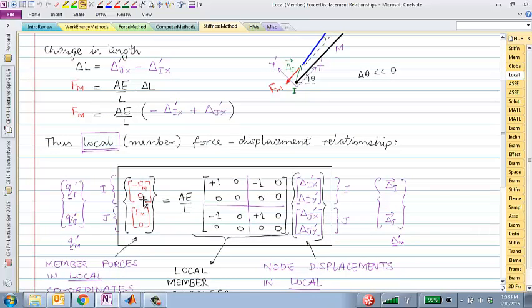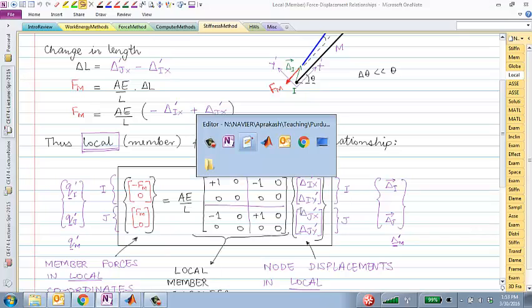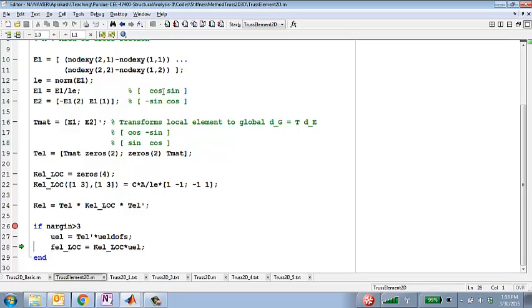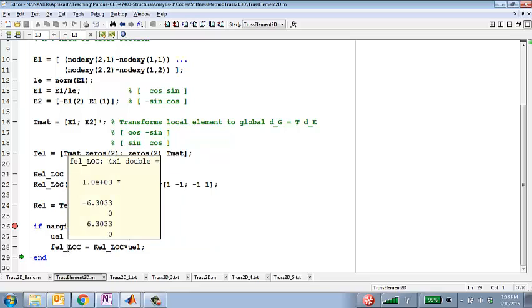Okay. So using that information, I can immediately calculate the forces at the two ends, because now I have the local displacements of this element. So that's what we do next. When I execute this line, I take the K local matrix times the displacements in the local coordinate system to get local forces. Clearly, it has forces minus Fm and plus Fm in the 1 and 3 components, as it should, right?